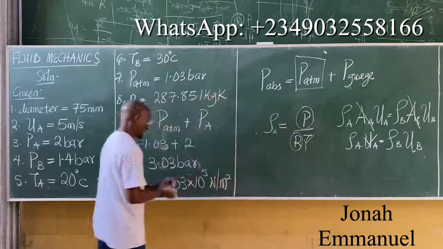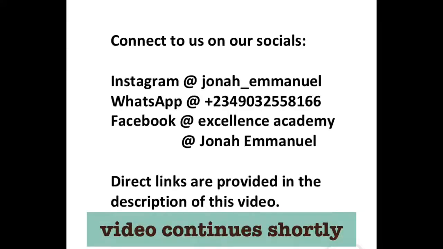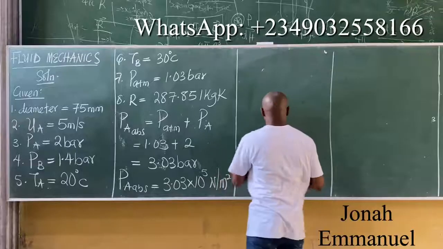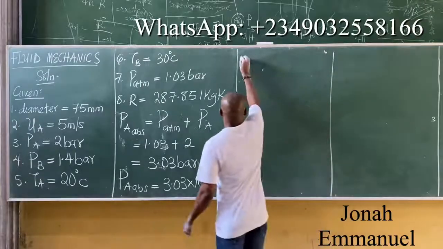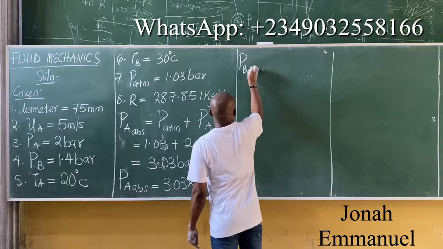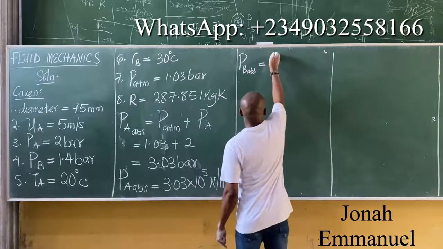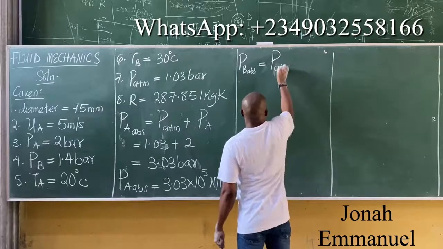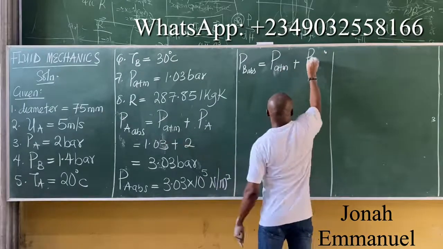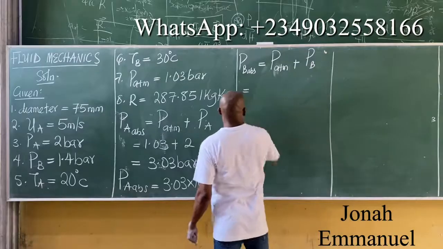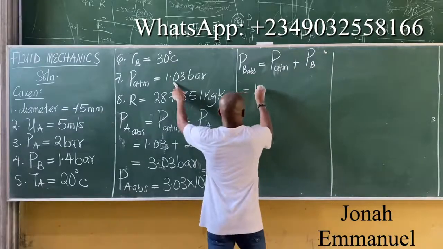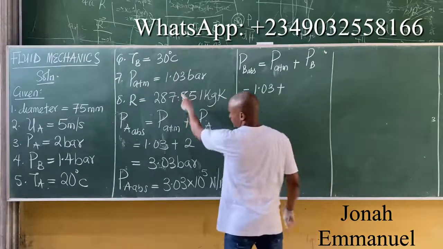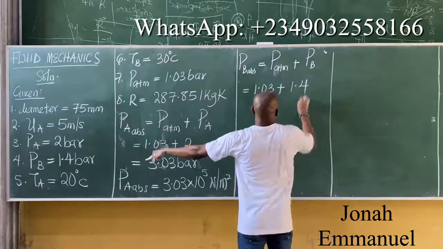Do the same thing for B. Let me get PB absolute. PB absolute is equal to P atmospheric plus P gauge at B. That's now equal to P atmospheric 1.03 bar plus PB, 1.4 bar.